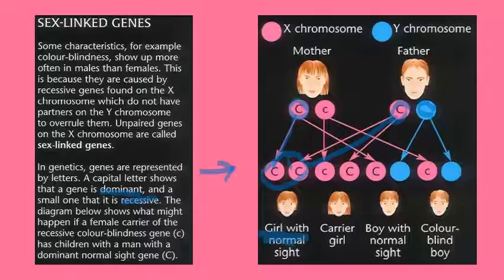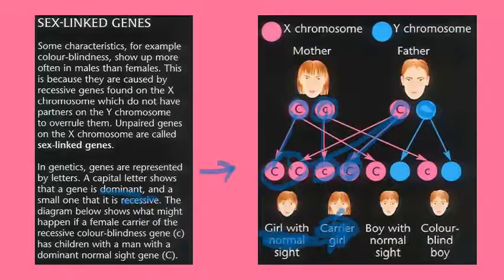But then this small one here is color blindness. So she gives color blindness to her daughter, but her husband gives a normal one. And which one's dominant? The big one. So she has just got normal sight, but she's carrying the gene.